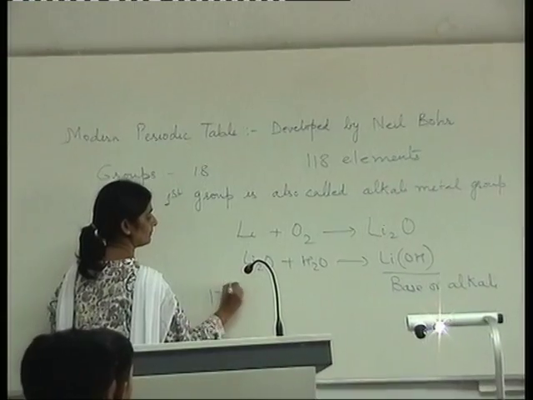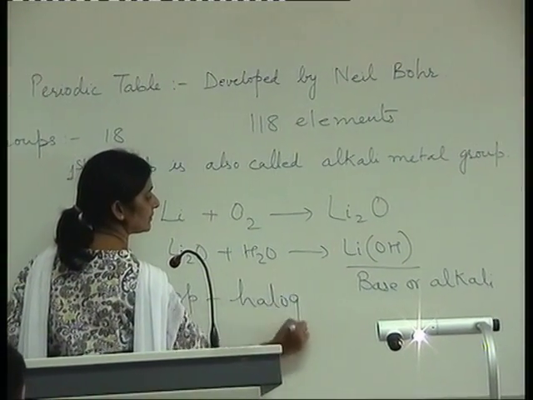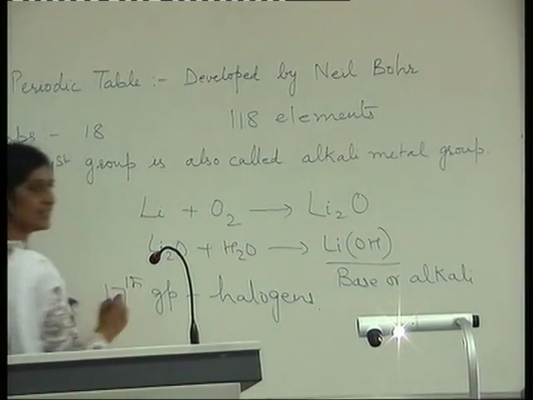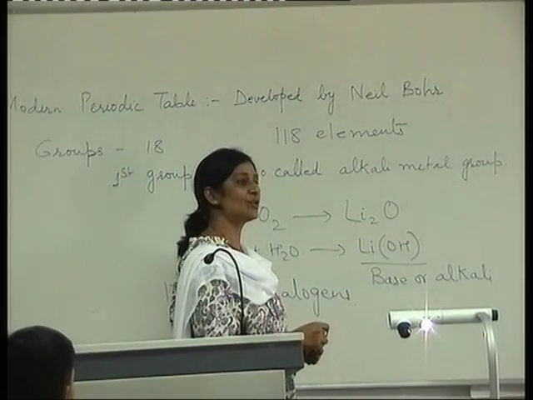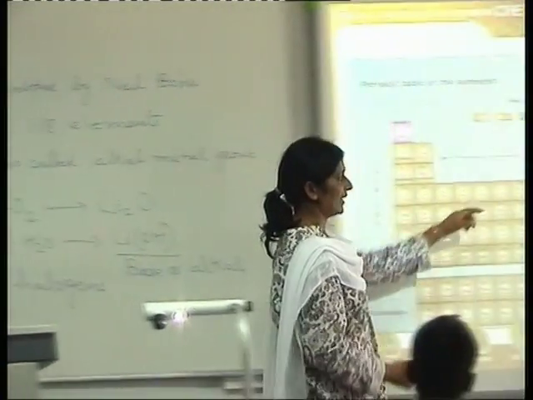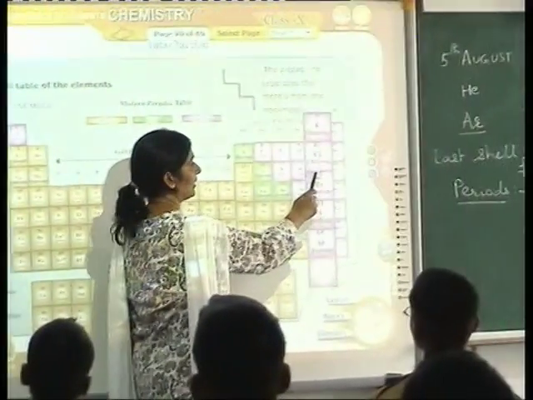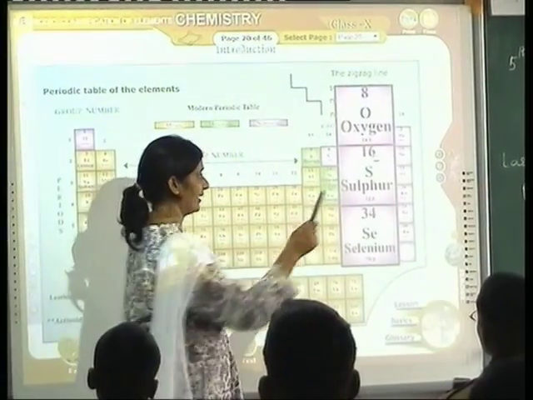The 17th group elements are called halogens. Why are they called halogens? Because they combine with metals to form salts. Hence they are called halogens. For example, chlorine combines with sodium to form sodium chloride.